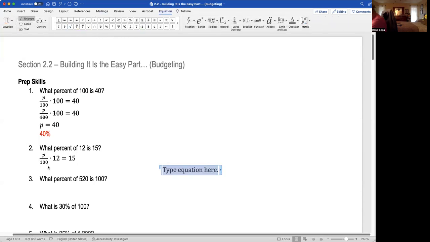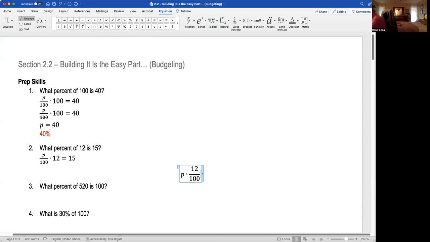So this would be P times 12 over 100 equals 15.